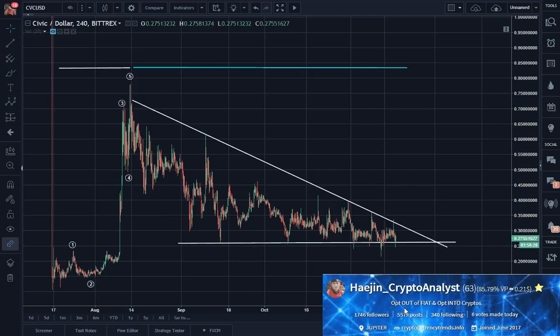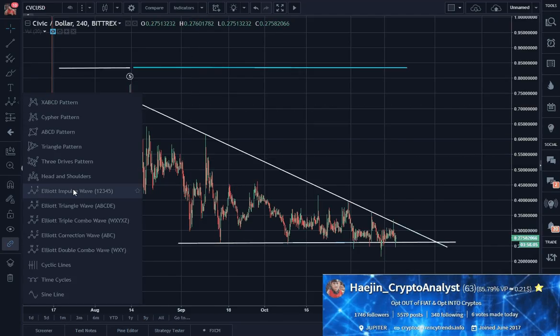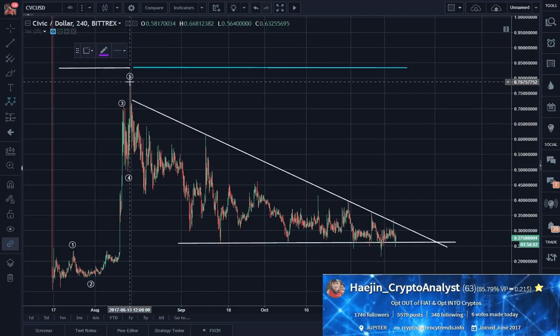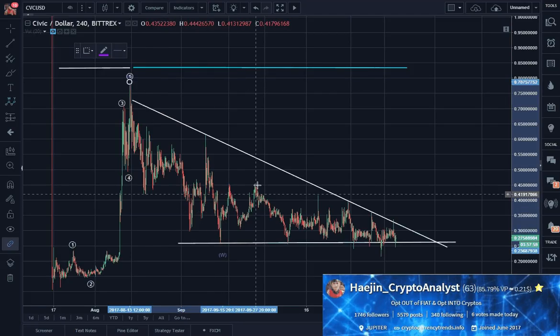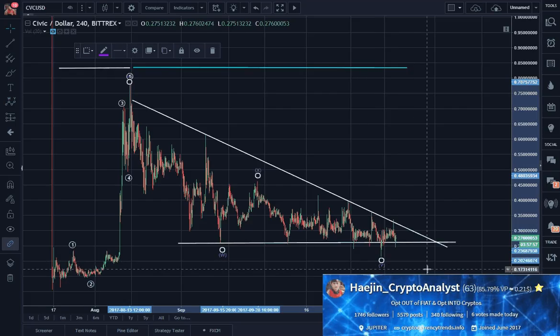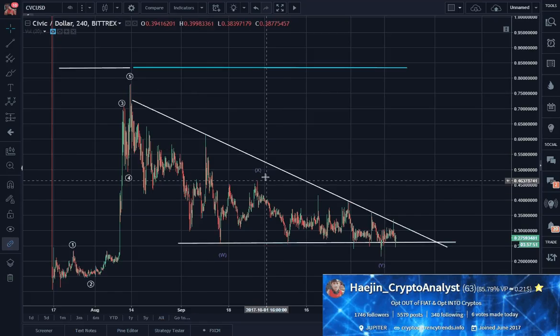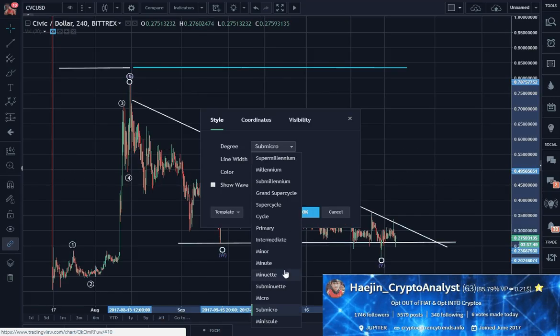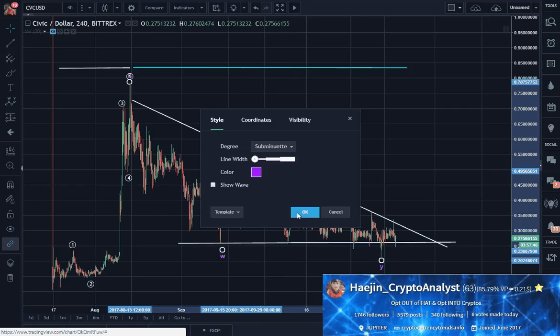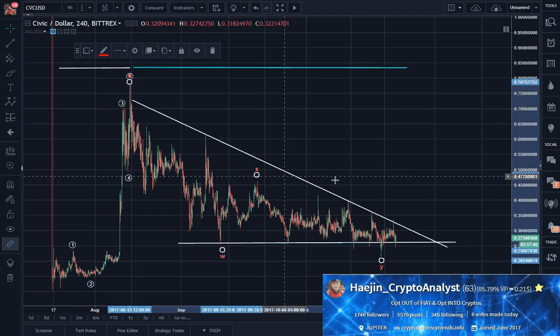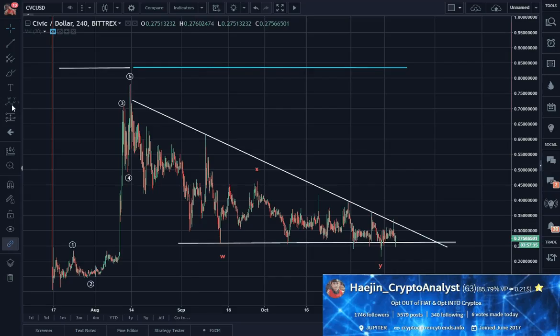Okay. And this kind of complex correction is clearly a WXY. I'll label the big ones first, so I'll say WXY. And within the W, you'll see the WXY subwaves. You will see it like this.